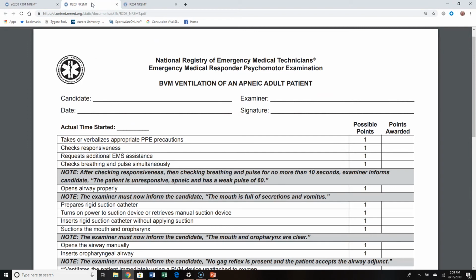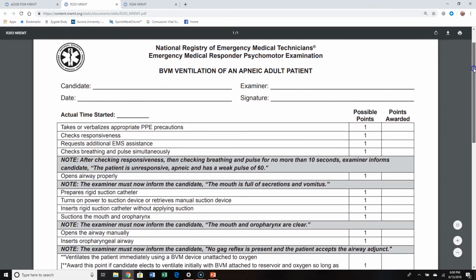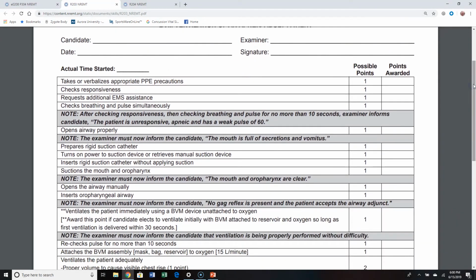Okay, let's now pivot into the bag valve mask skill sheet. There's a lot of overlap between the supraglottic airway and the bag valve mask skill sheet, simply because the two skills are very much interlinked. Just like the last one, we start with taking our PPE. We should be activating EMS if we haven't already done so, if we're having to pull out the bag valve mask.